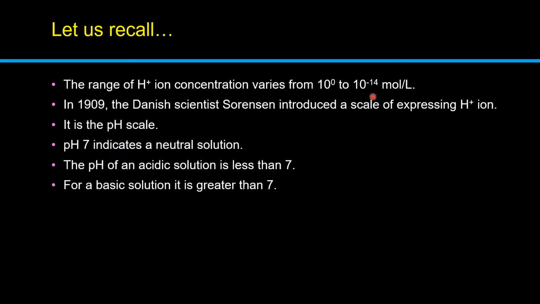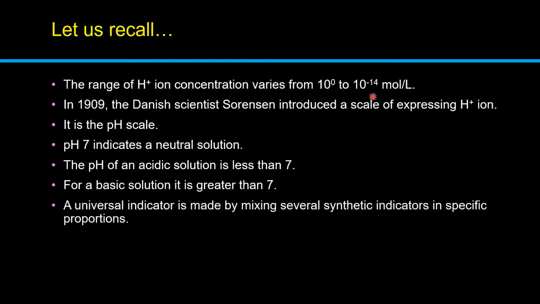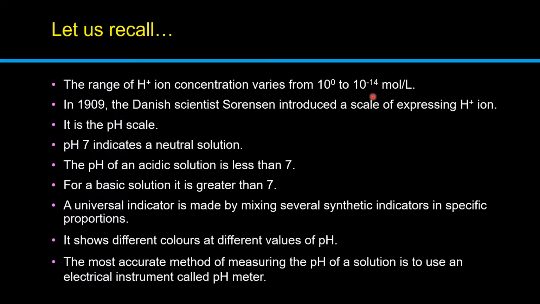For a basic solution, it is greater than 7. A universal indicator is made by mixing several synthetic indicators in specific proportions. It shows different colors at different values of pH.